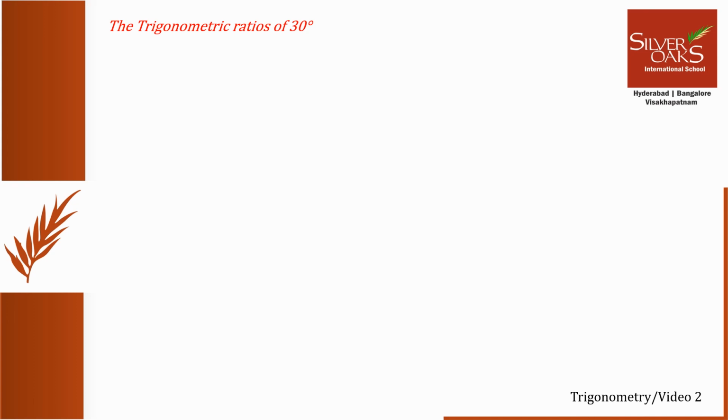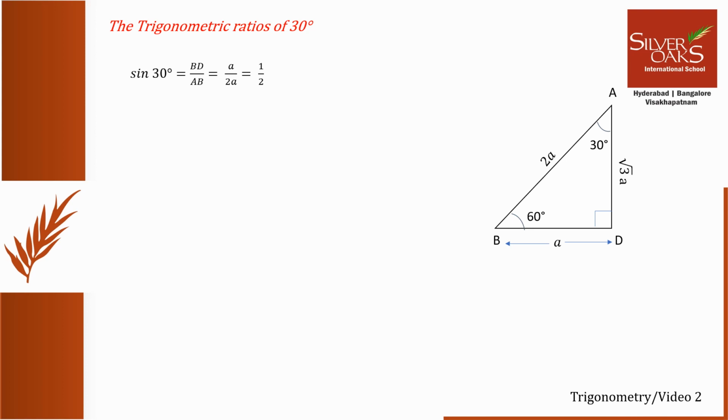Now let us find first the trigonometric ratios of 30 degrees. As we discussed, we'll take the right angle triangle ABD, 90 degrees at D, angle B is 60 degrees and angle A is 30 degrees. Now we'll start with angle A. Sin 30 degrees, angle A opposite side is BD and AB is the hypotenuse.